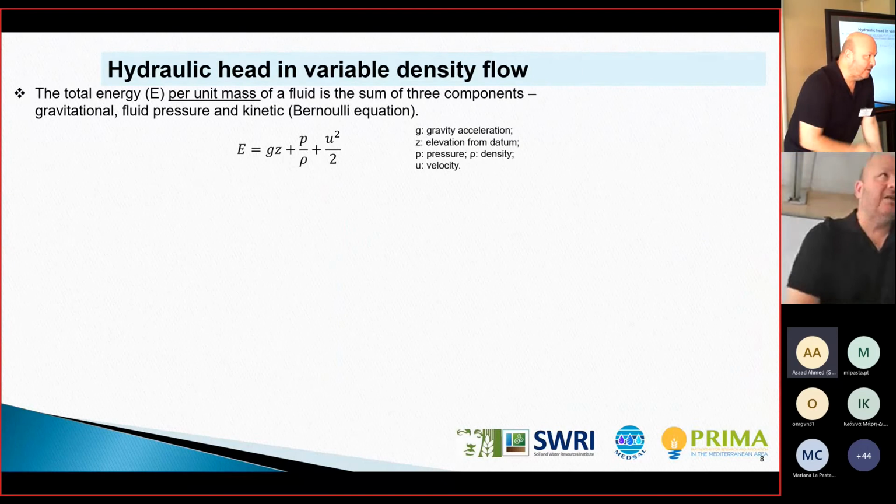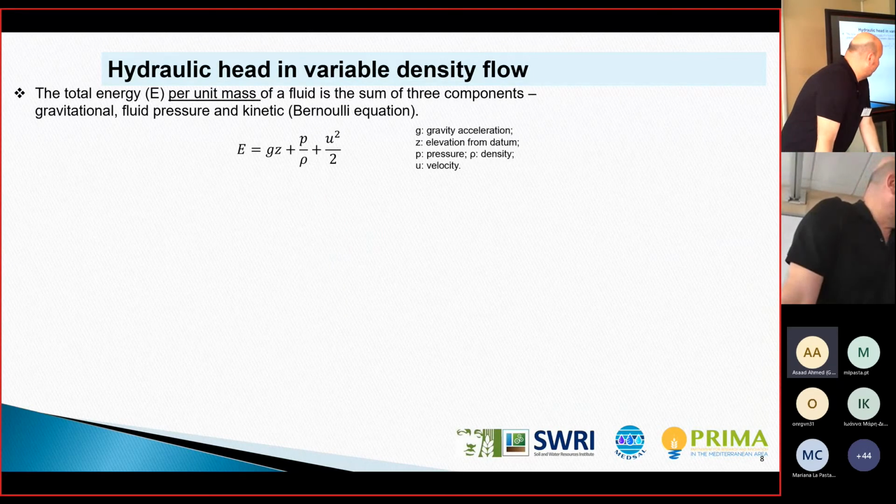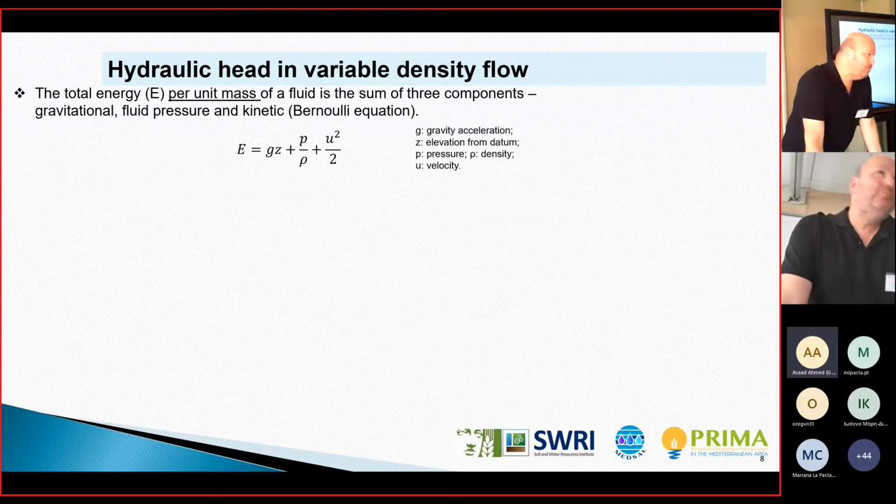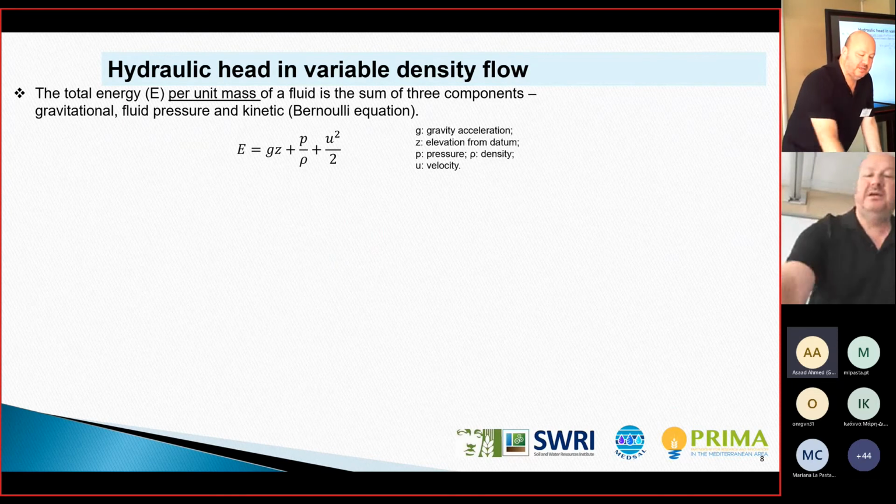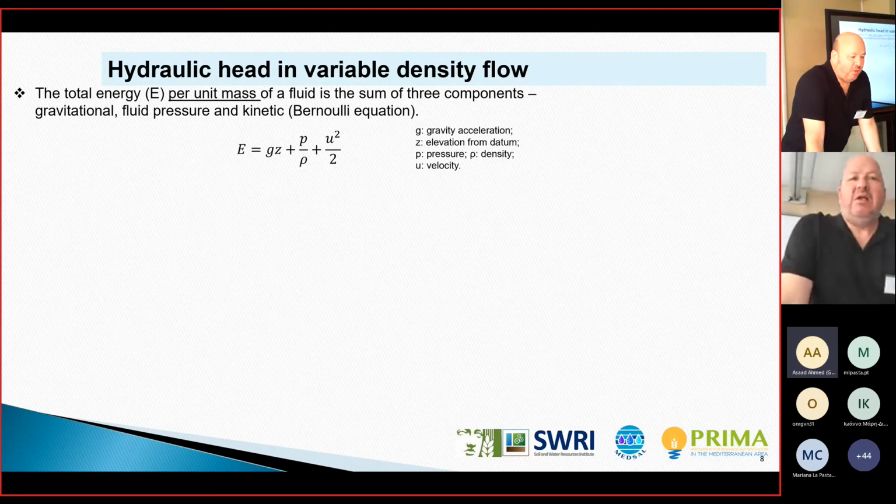So that was the physical concept, and the next step is to describe this concept mathematically. We will need some basic physics, and particularly we can see from the Bernoulli equation that the total energy of a fluid per unit mass is a sum of 3 different components: gravitational, fluid pressure, and kinetic.